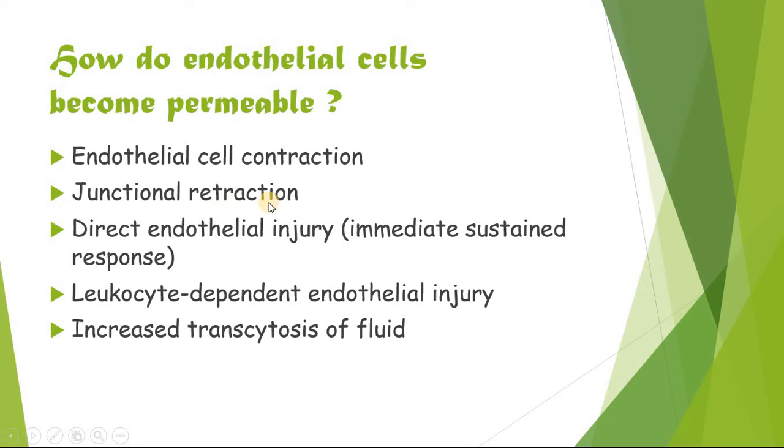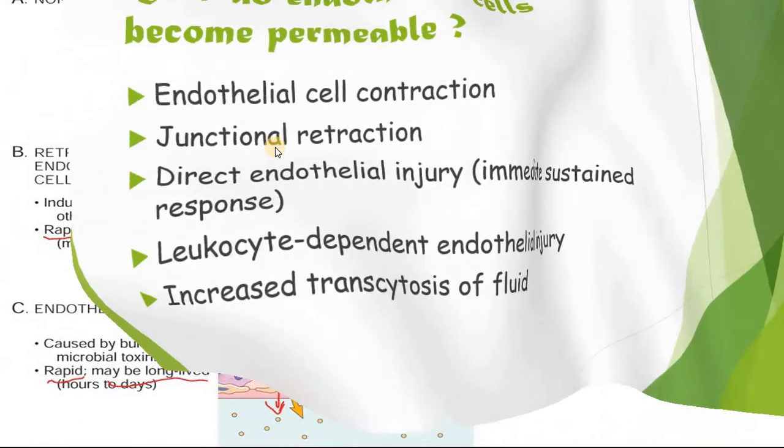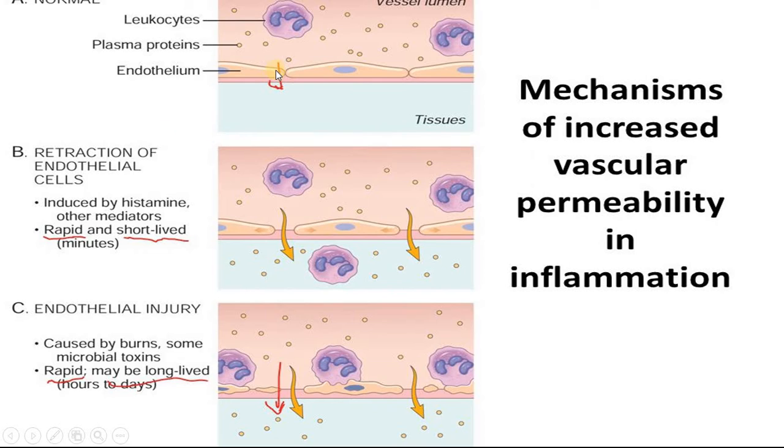When the process occurs, the endothelial cell becomes permeable. In normal condition, there is no permeability. The fluid, the molecules, the cells, all are within the circulation.